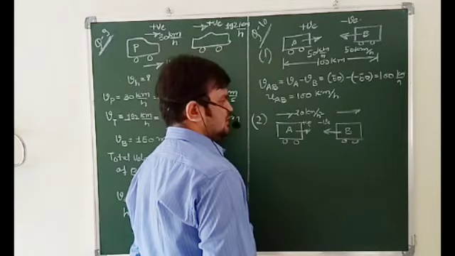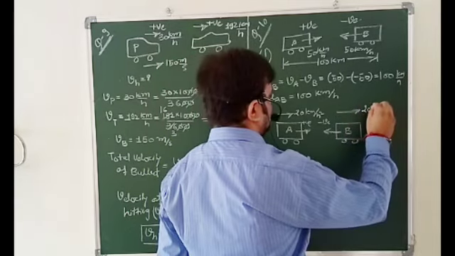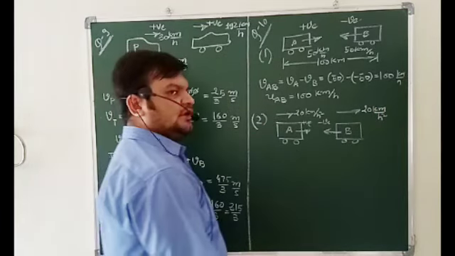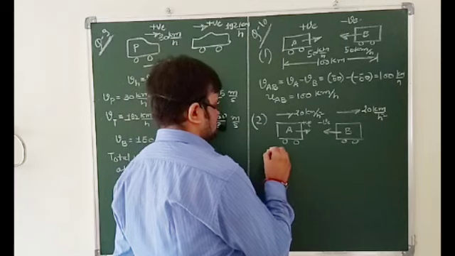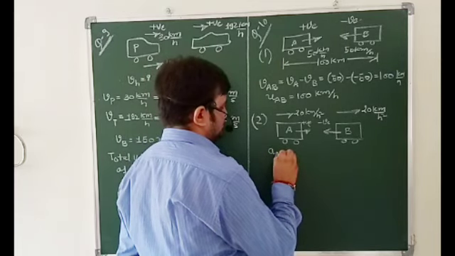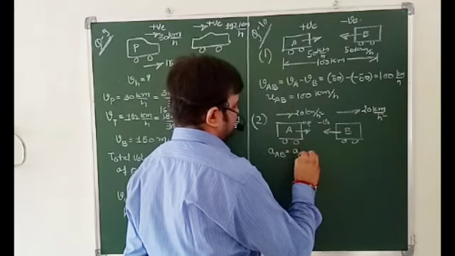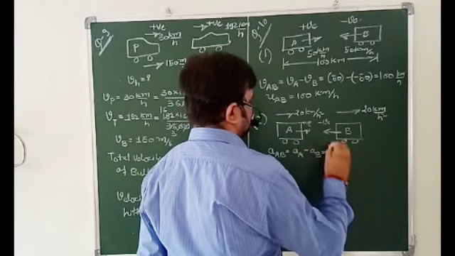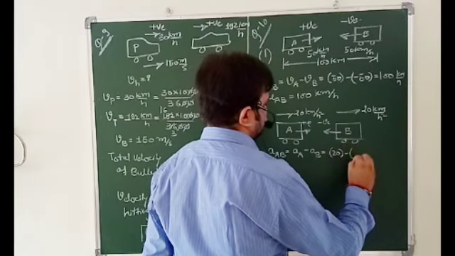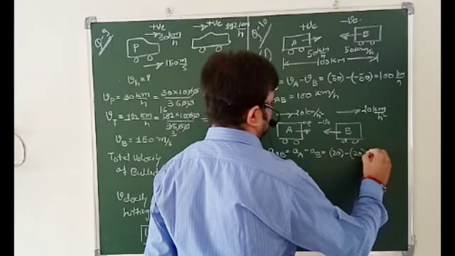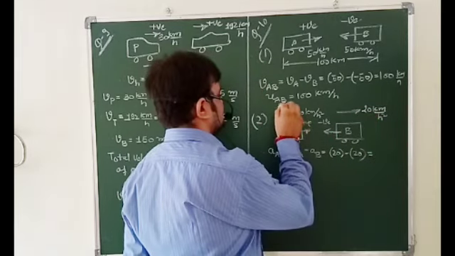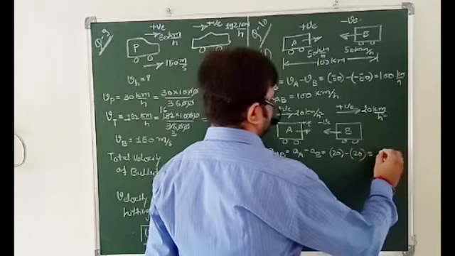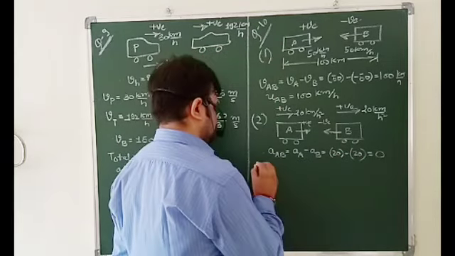So train B retards with 20 km per hour square. Here the relative acceleration of A with respect to B is acceleration of A minus acceleration of B. Acceleration of A is 20, minus acceleration of B, which is also 20, in the same positive direction. So 20 minus 20 becomes 0.